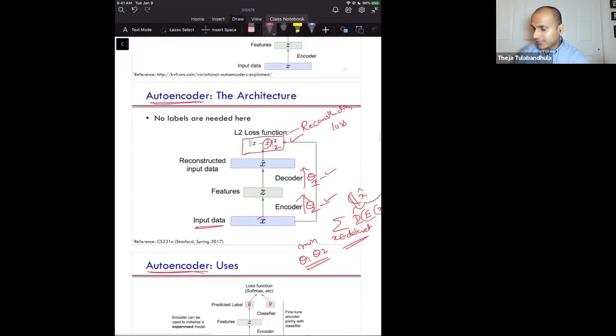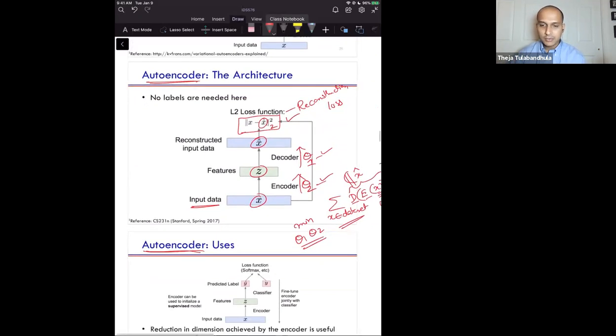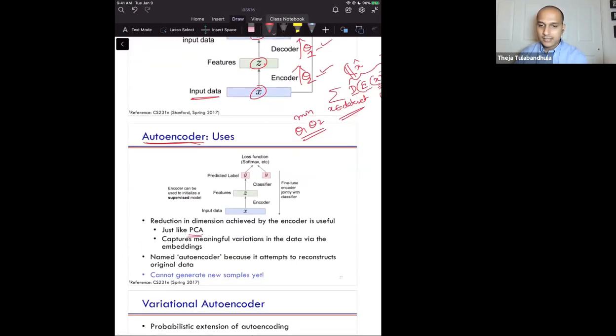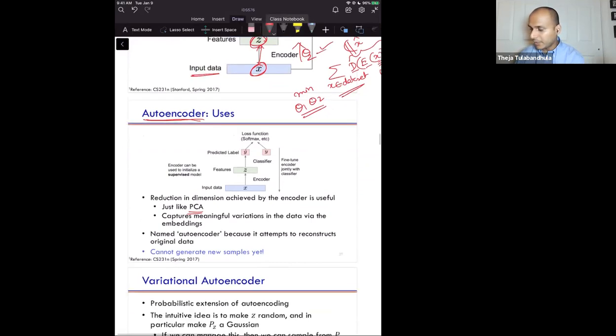If your X's are vectors, and your encoder happens to be a linear transformation, there's no neural network here, so theta is just a weight matrix, and the decoder is also a linear transformation going from a vector to a vector, then that is essentially PCA. The weight matrix is reducing dimension from whatever the dimension is to the dimension of z. Hopefully z's dimension is smaller. Okay, that's PCA. So all I'm saying is PCA is an example of an autoencoder. So autoencoders are richer than the PCA problem.